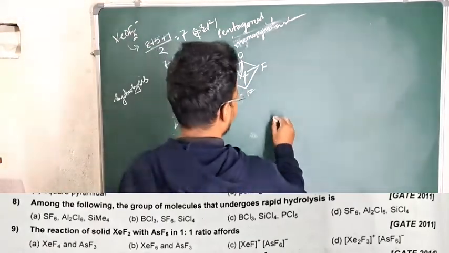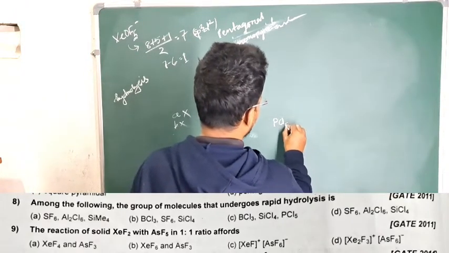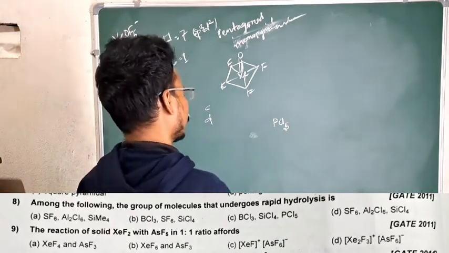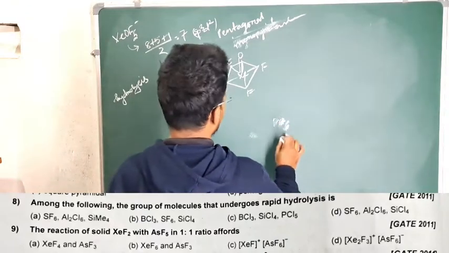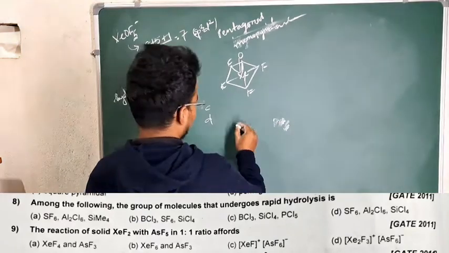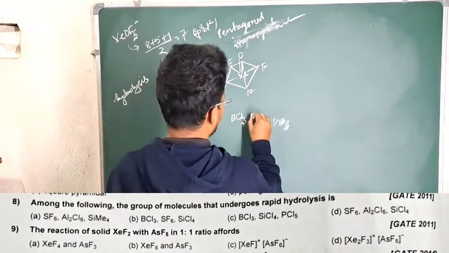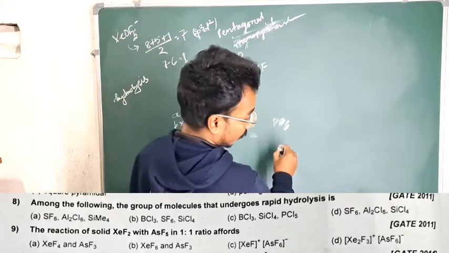Because P has 3d orbitals and a bigger size as well, so it will undergo hydrolysis. So the right answer will be C, BCl3, then SiCl4, na?